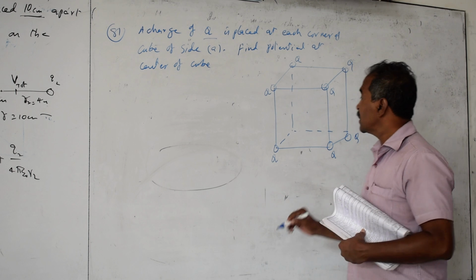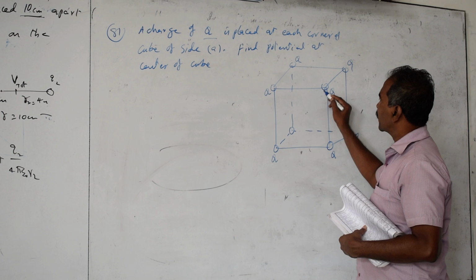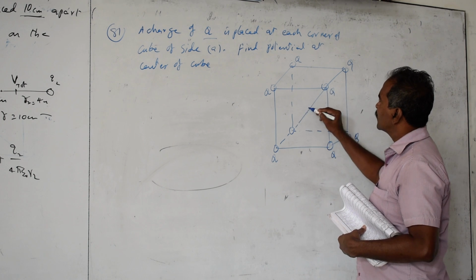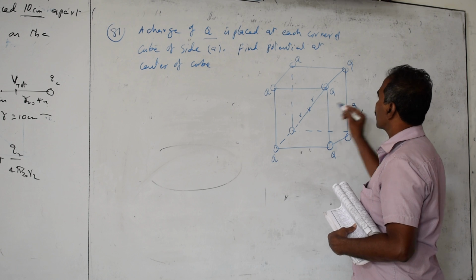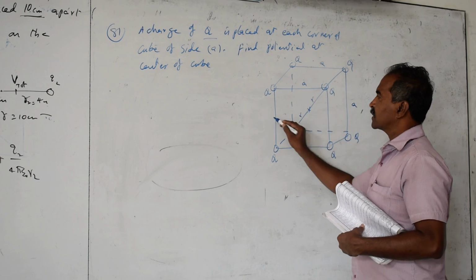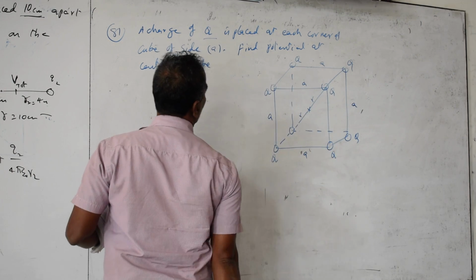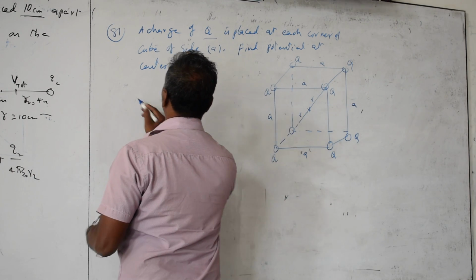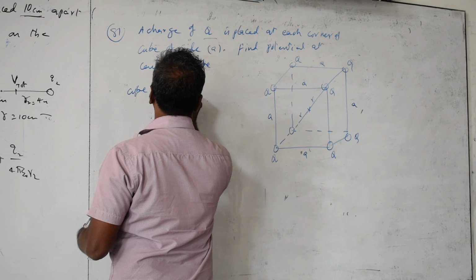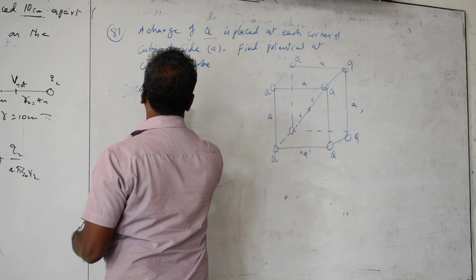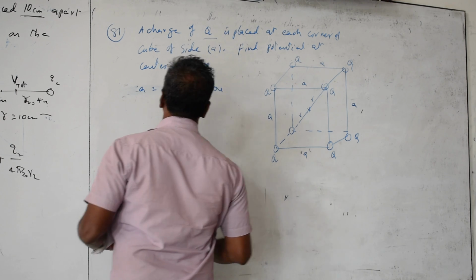What is the distance from the center to any corner? Center to any corner, this is what we call a body diagonal. Half of that is equal to R that we have taken. Each side length is A. The body diagonal is the total length of the diagonal of the cube.